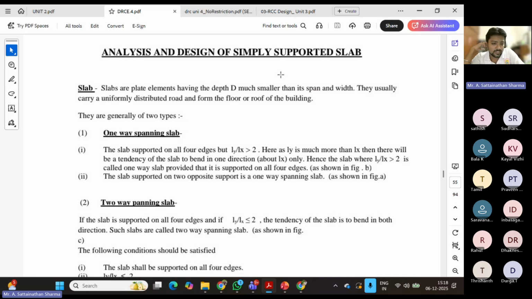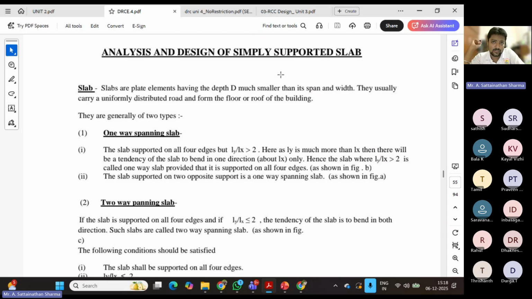Moving on with the very basics of slab. You know what is a slab? What purpose it serves? How the load is being distributed. Based on the spanning, the slab is classified into two types. One is one-way slab and another one is two-way slab. So if your Ly by Lx, what is Ly? Length along y-axis, and Lx is length along x-axis.